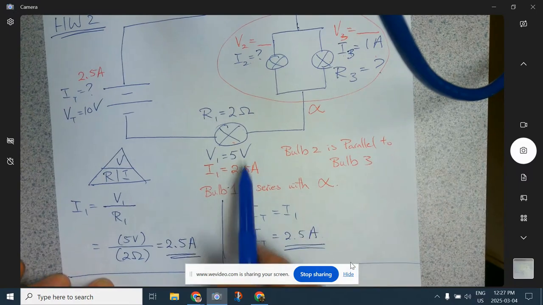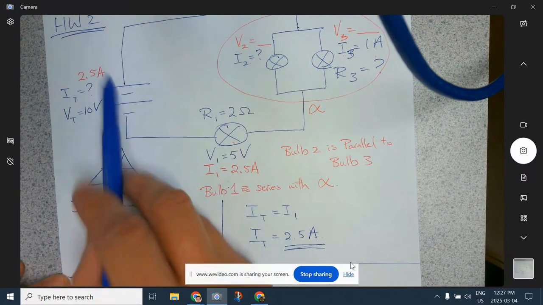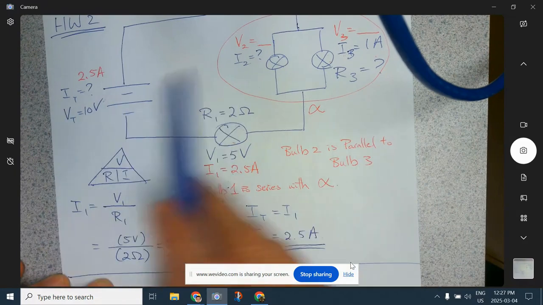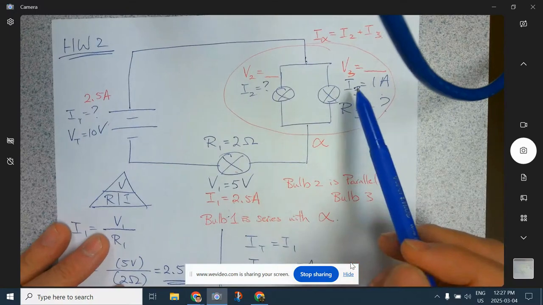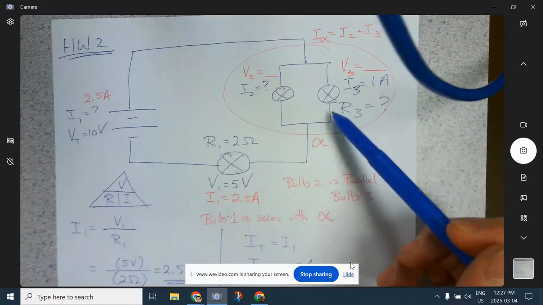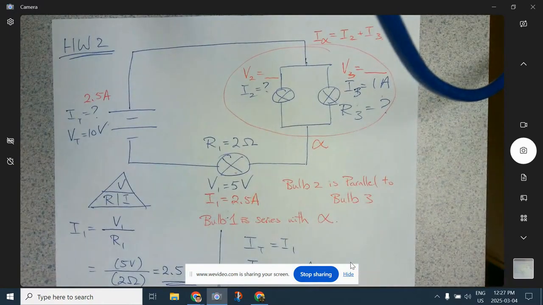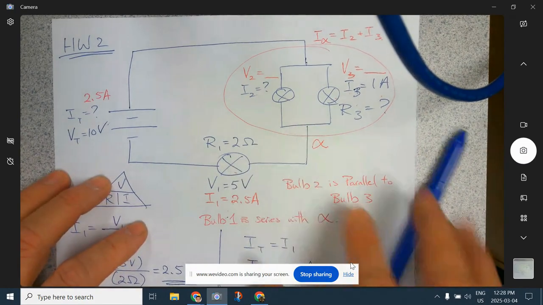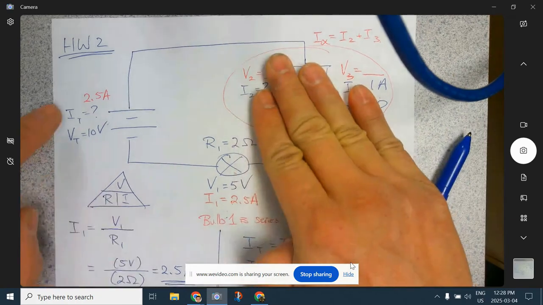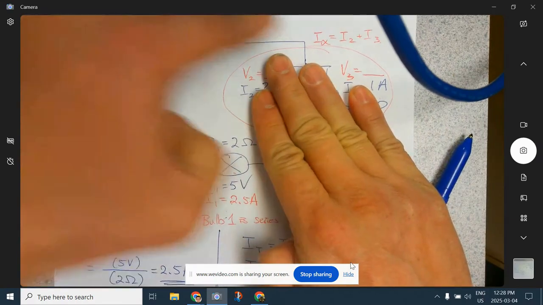Now we have this piece of information already. We have I1. Now let's go back to this small parallel circuit. This is an interesting part because earlier we said that if we treat this as its own thing, this is really just one loop.